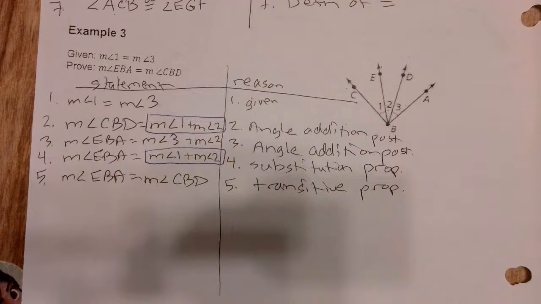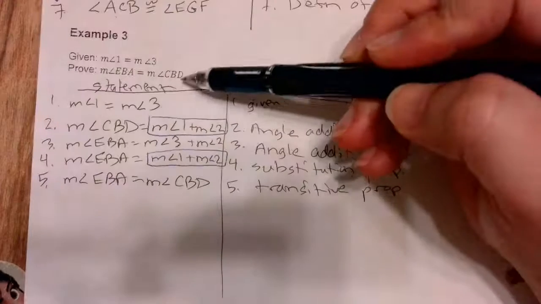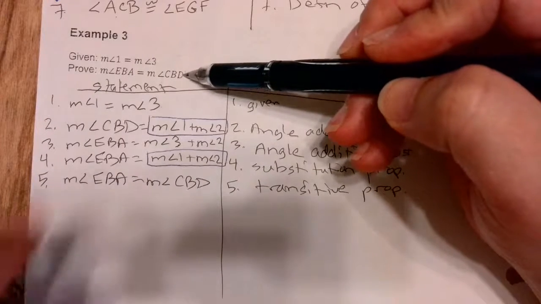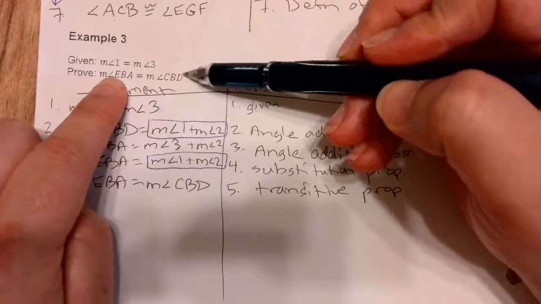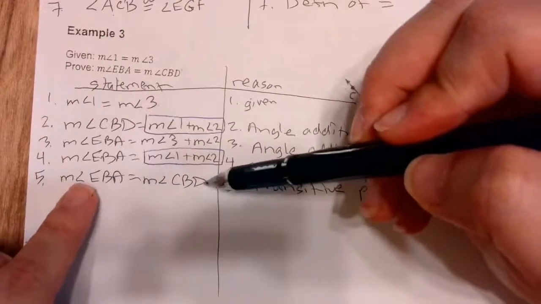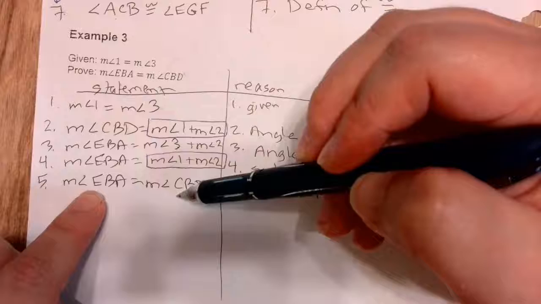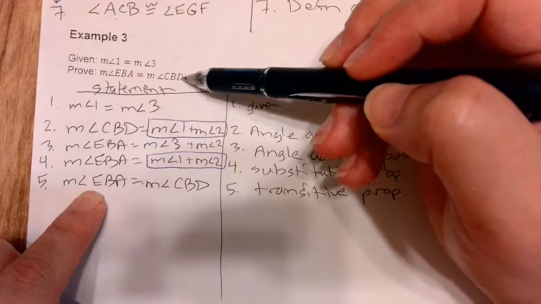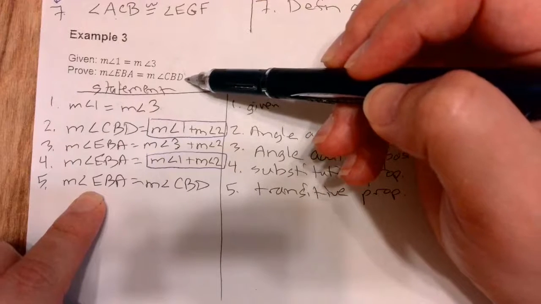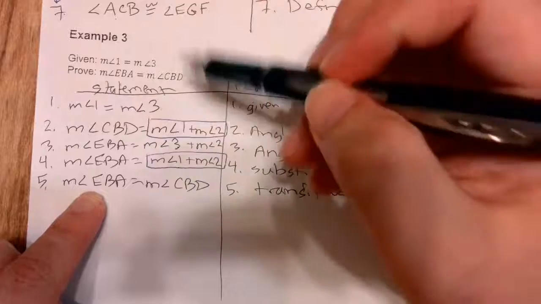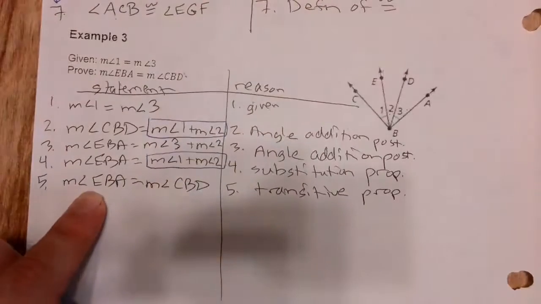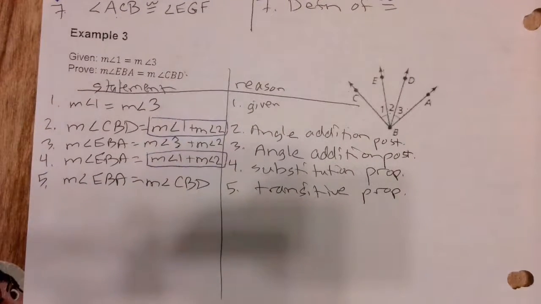We're done with this proof. You see it? What did I say? What you're proving always goes in the last line. We got here without even exactly knowing we were there. But this proof is in the last line, so our proof is done.